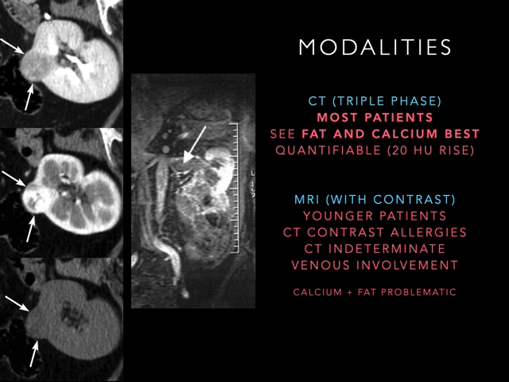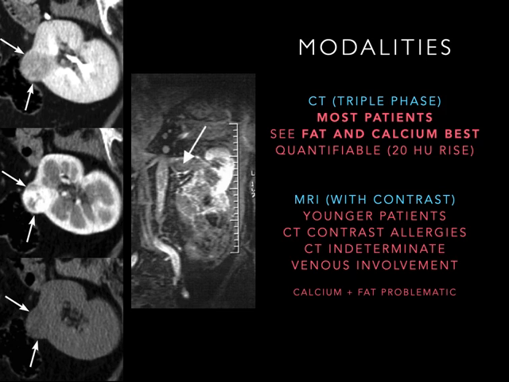So MRI, we give with contrast in younger patients, contrast allergies, and we often use it now for lesions where CT is indeterminate and we're not sure whether something enhances. And that's often with papillary tumours. Poorly enhancing papillary tumours are incredibly hard to find, and even with a CT scan, there's something hyperdense.